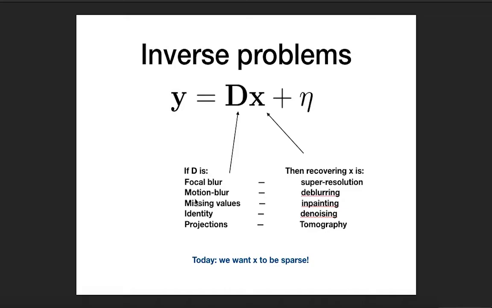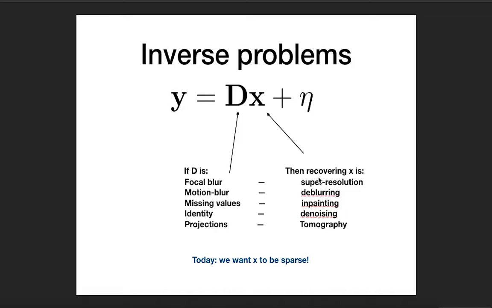And our goal is to recover X, and accordingly we rename what we do, depending on this D. If we are removing focal blur, then it's super resolution. If you're removing motion blur, then it's deblurring. Essentially, everything is of the same mathematical form: Y is equal to Dx plus n.